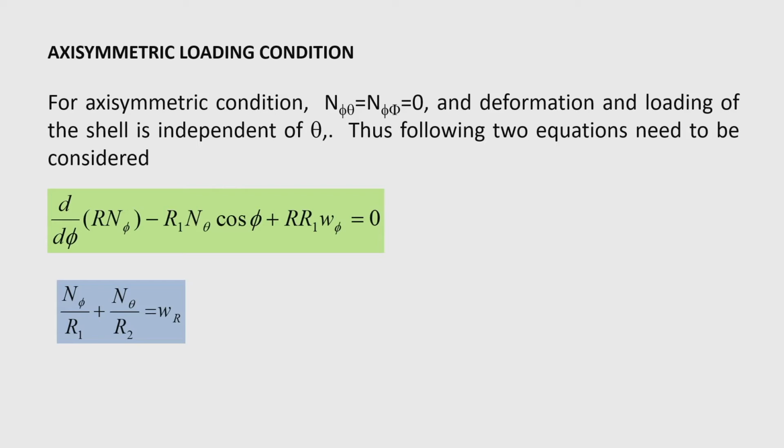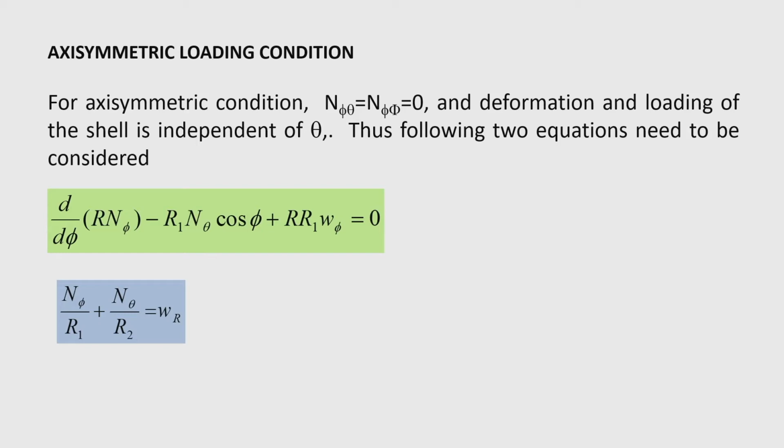resolving the forces along the tangent to the parallel circle and taking the sum of the forces and equating to 0, we get the second equation of equilibrium, and the third equation was obtained by considering the sum of the components of forces to be 0 along the normal to the tangent plane at the meridian.